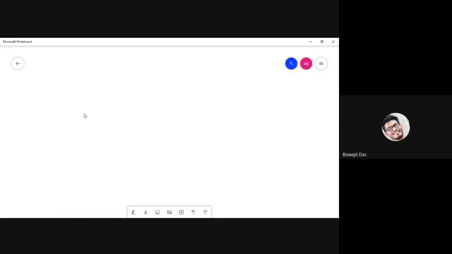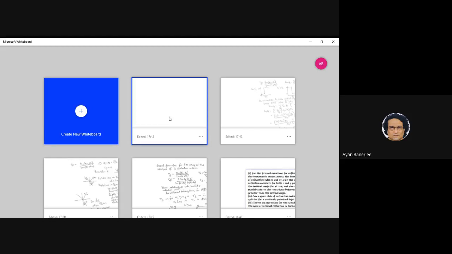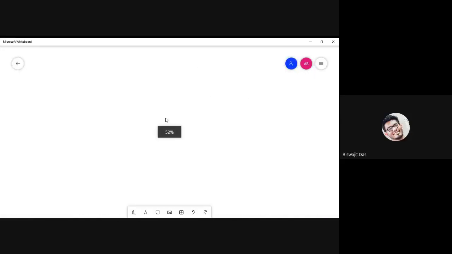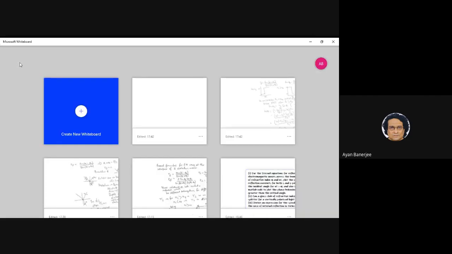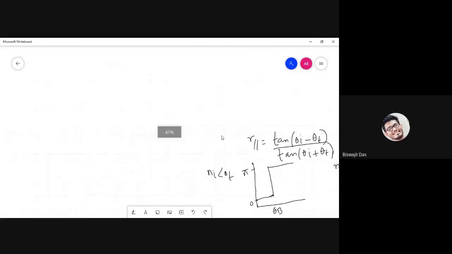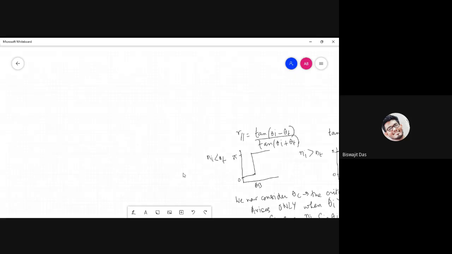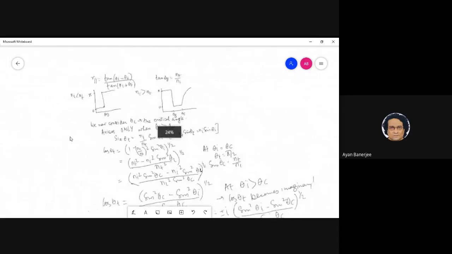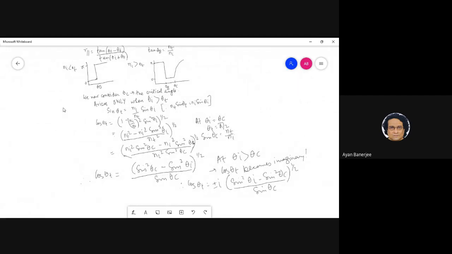Essentially, there is something wrong in the previous slide. What is wrong? That you wrote theta c happens when theta I is greater than theta t.